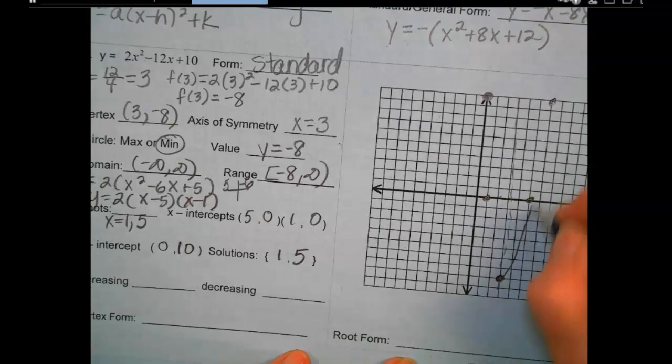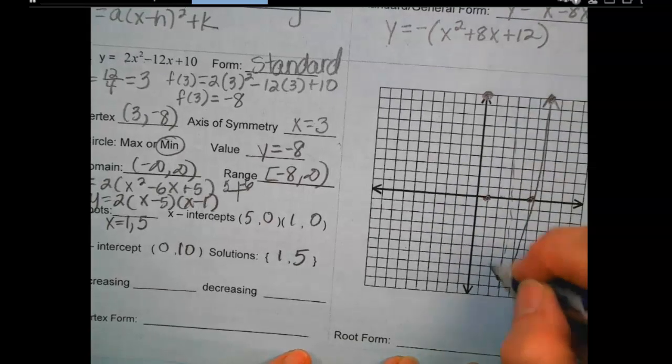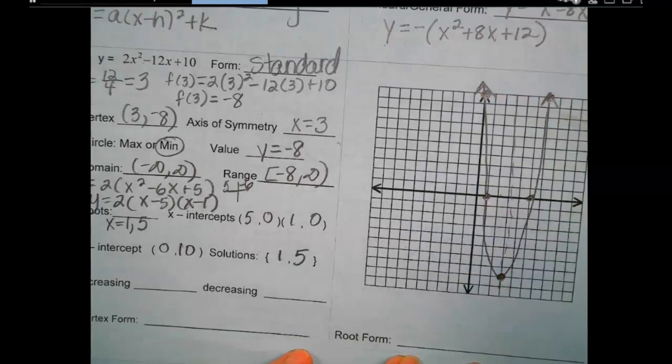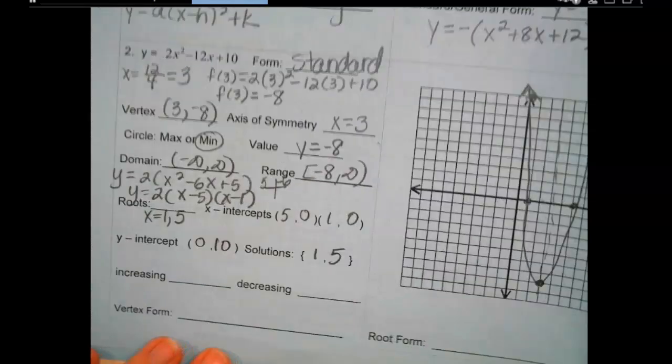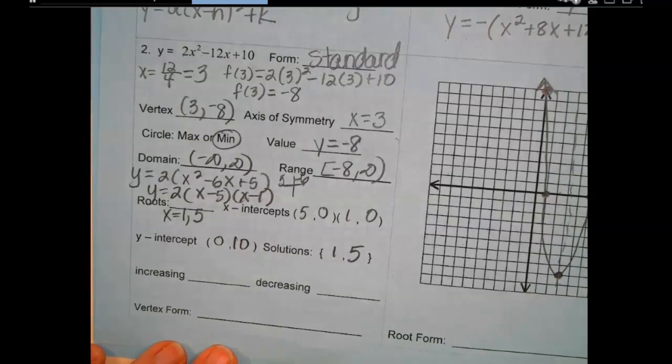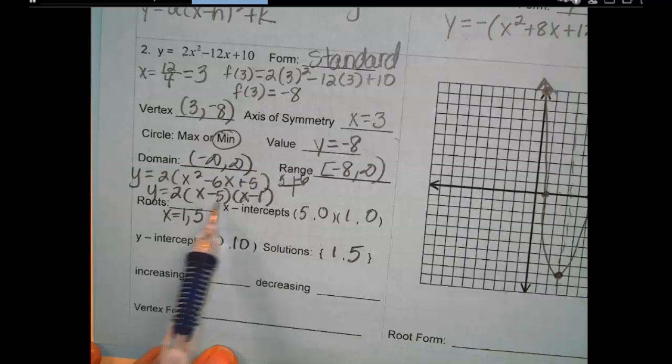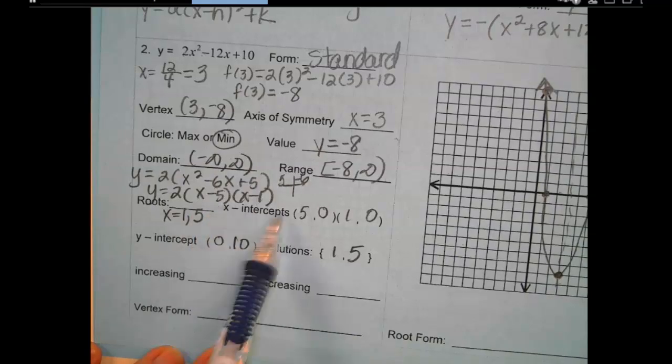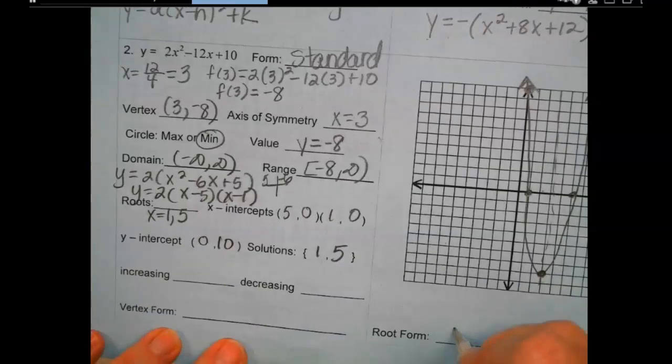So I'm going to go ahead and draw. And it's not a V, it's a curve. It has arrows on the end also, by the way. Okay, y'all, when I factored right here, what form is that? Root form, so let's fill that in right here.